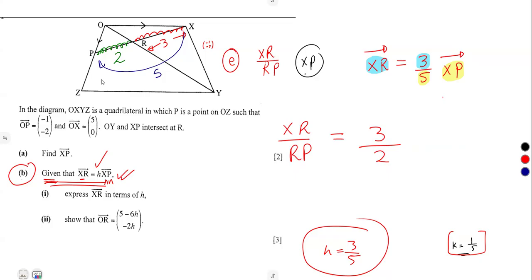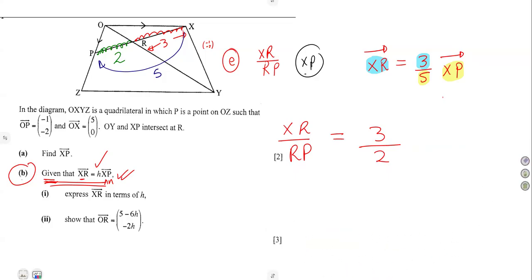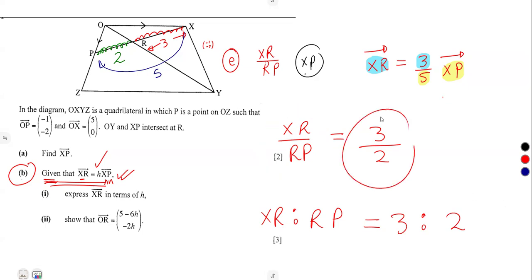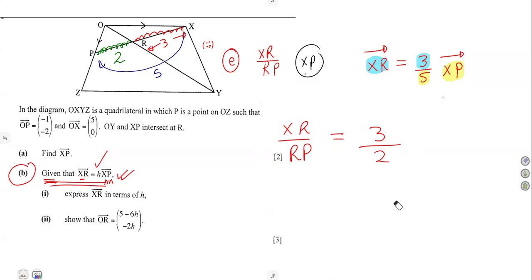So you answer the way that you are given here. If you are given XR is to RP, you're going to write it as 3 is to 2. Here you're given a fraction, so write it as a fraction. So that's how you simply answer this type of question, all right?